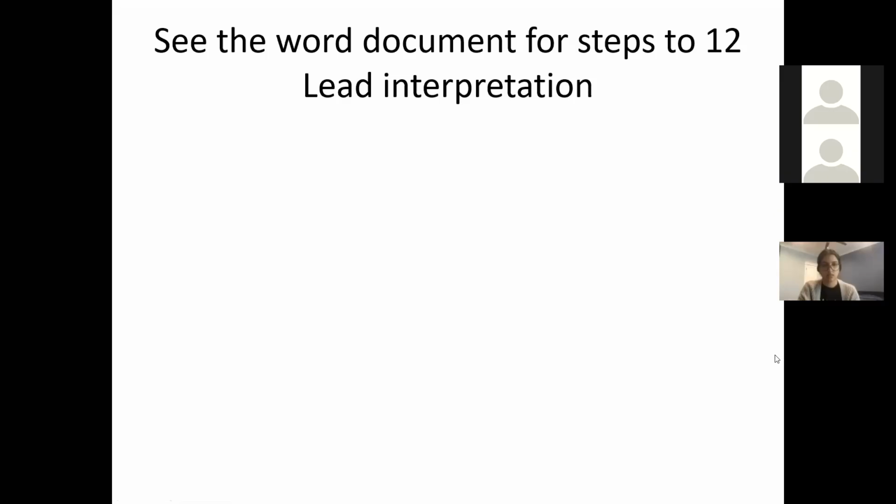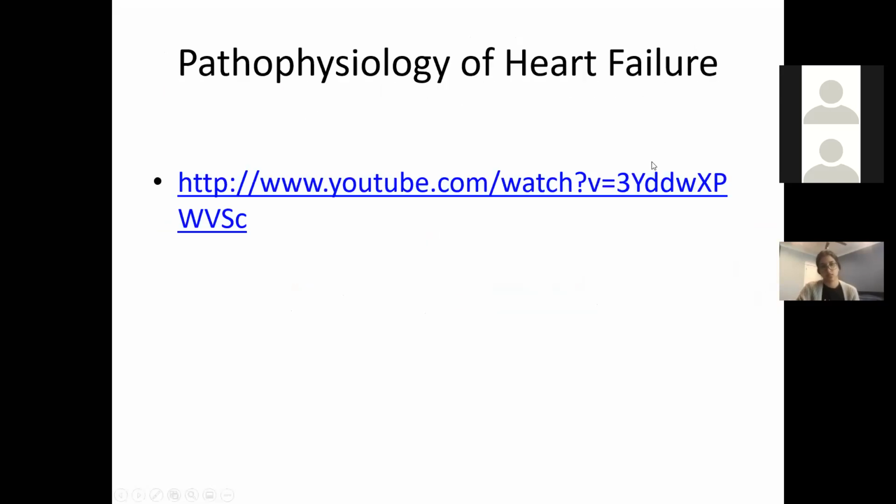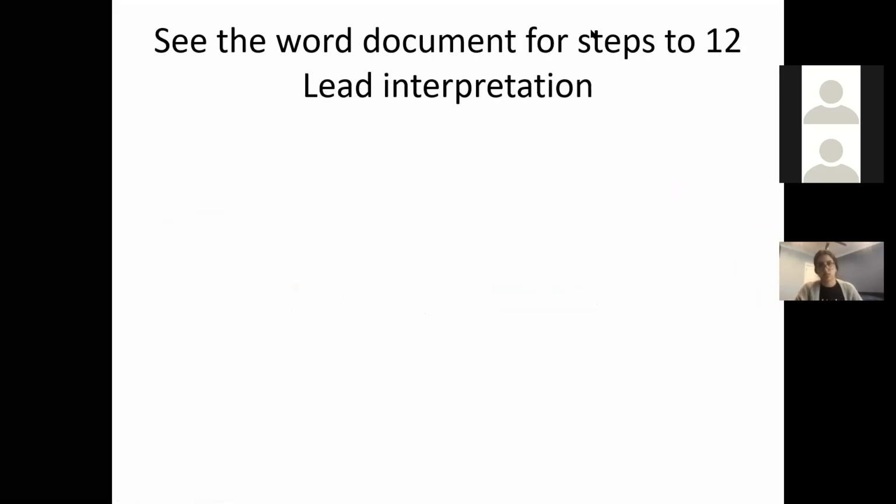So can anybody type into the text box why you might have a peaked T wave? Excellent. Hyperkalemia. And so it's the most common reason for a peaked T wave.